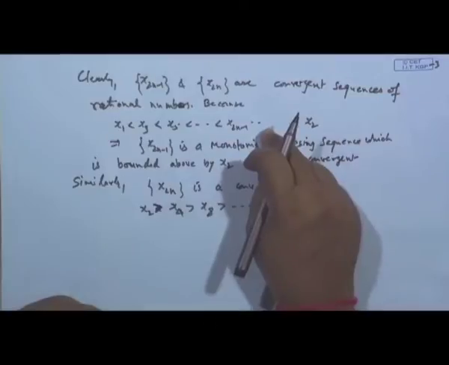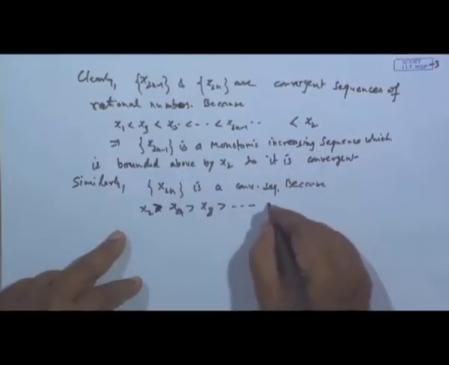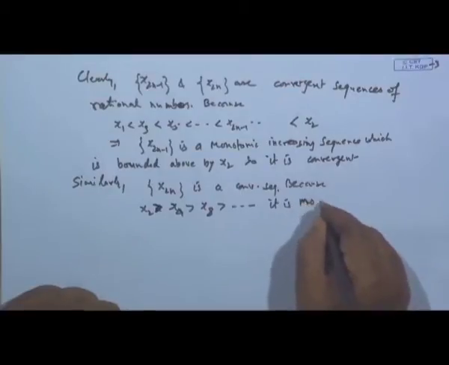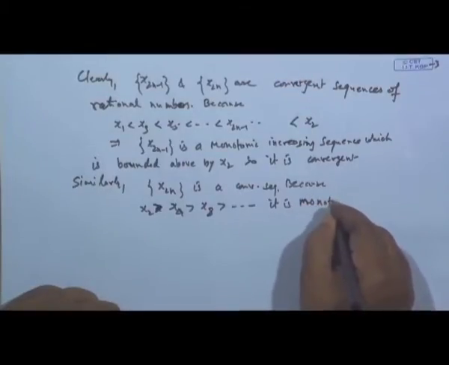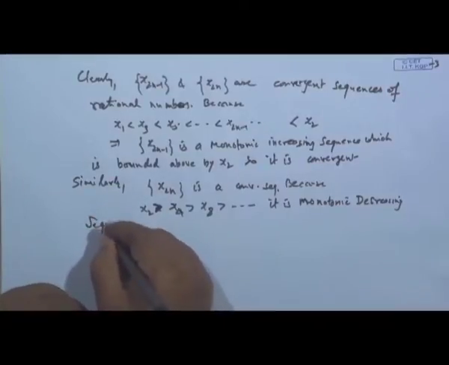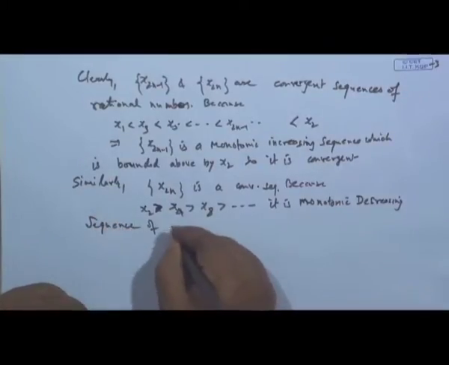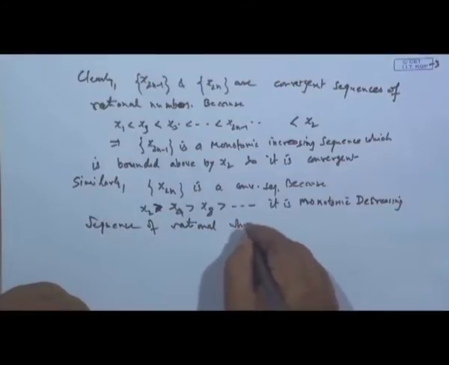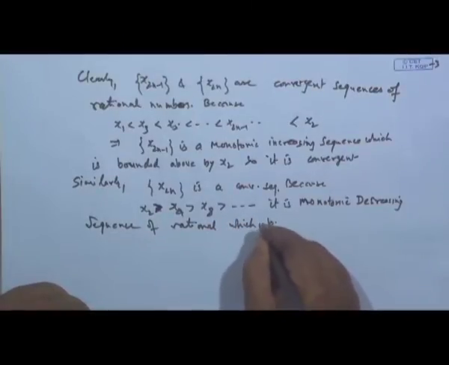It is a decreasing sequence and bounded below, a monotonic decreasing sequence of rationals which is bounded below.